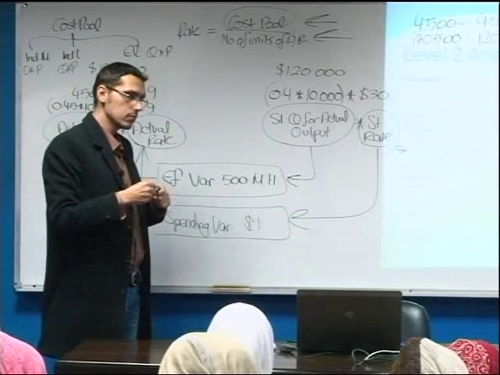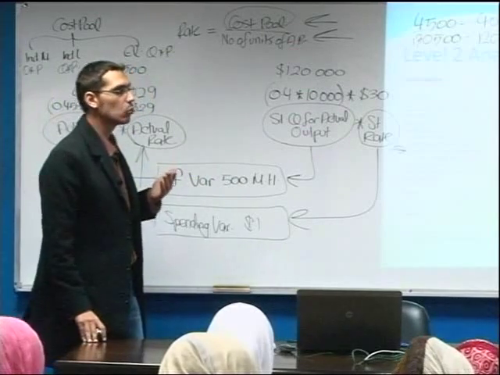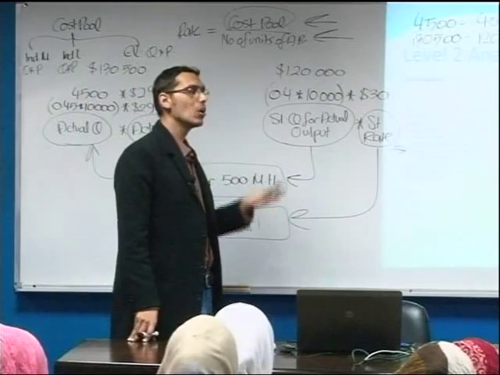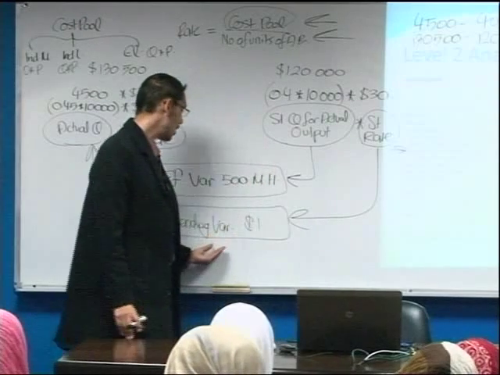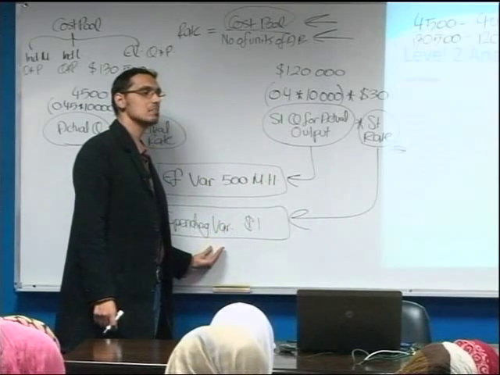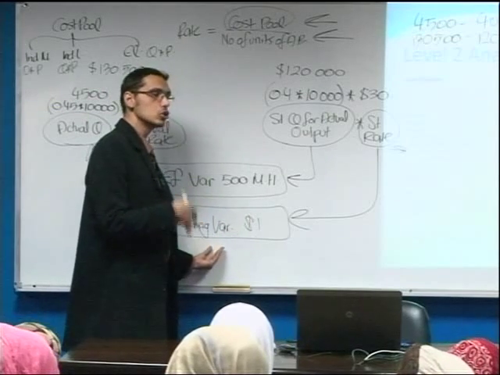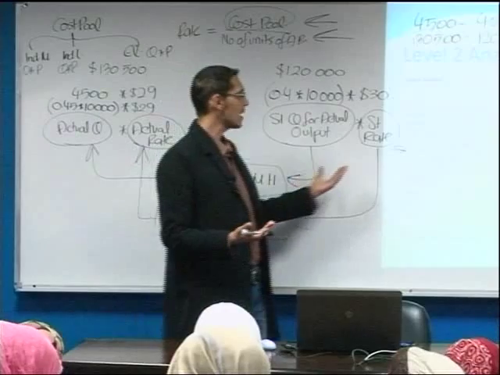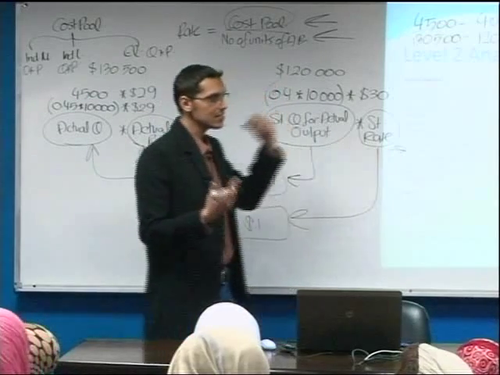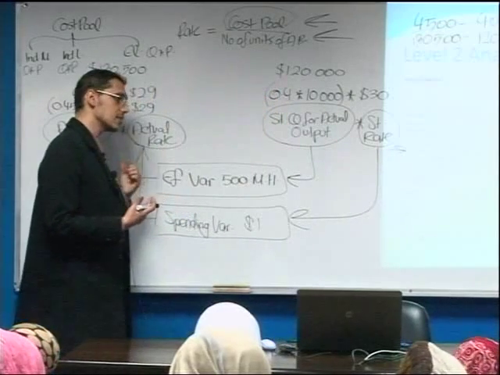Therefore, if I would ask you now, what are the reasons for having a spending variance? Of course, we said that the spending variance would occur if we have a standard rate that is different from the actual rate.